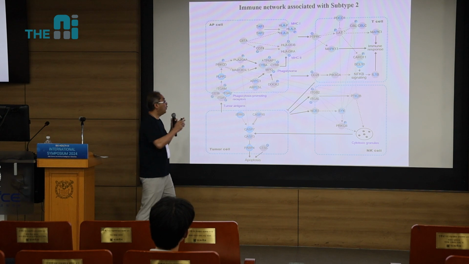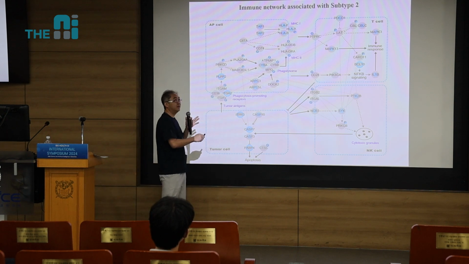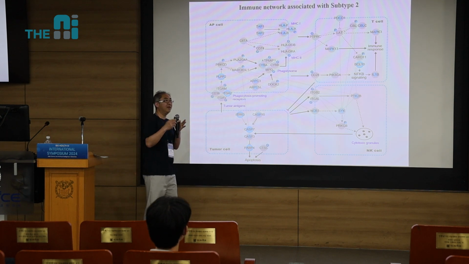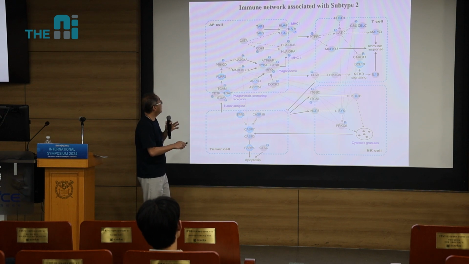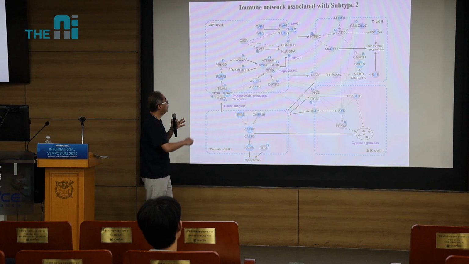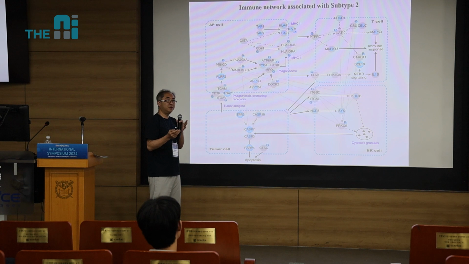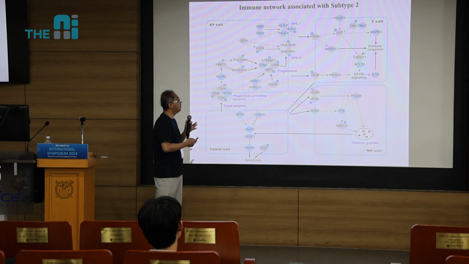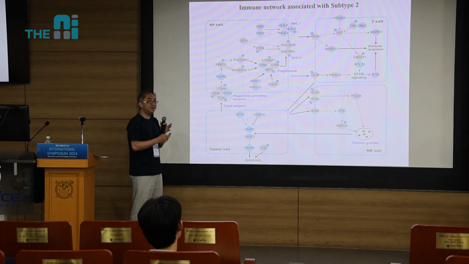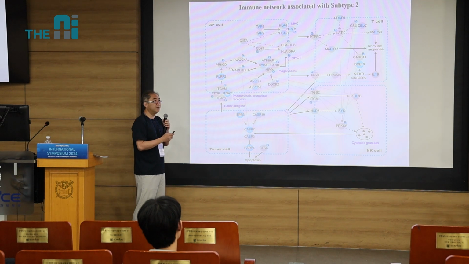If you remove all this information from the protein domain, so this will go away, this P will go away, G will go away, then this anti-tumor immune network will be really sparse. It's hard to see whether the anti-tumor killing activity is still active in subtype 2. Right? This is kind of the power of the proteogenomic approach.